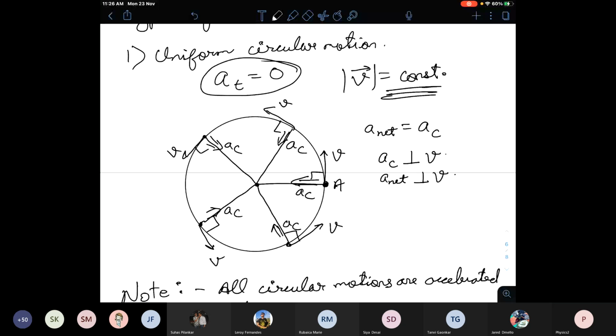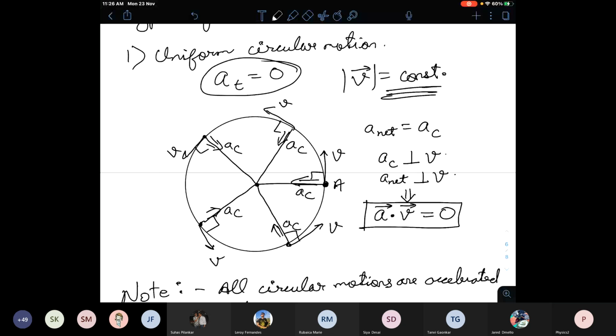We are talking just about uniform circular motion. Hence I can conclude that acceleration dot velocity, a dot v, will be equal to 0. If two vectors are at 90 degrees and you take the dot product, it comes out to be 0.